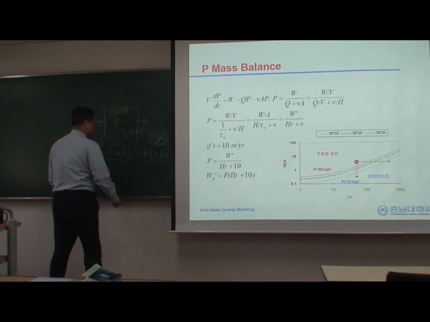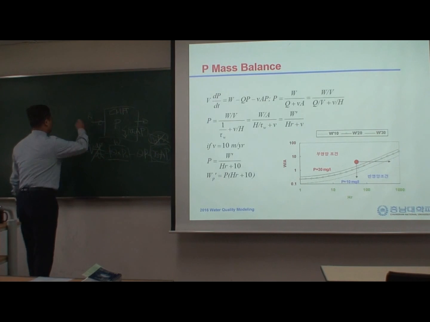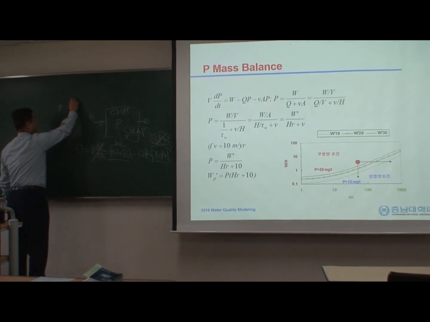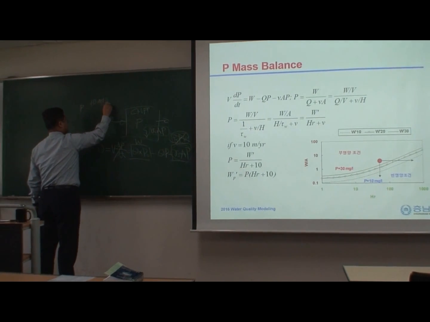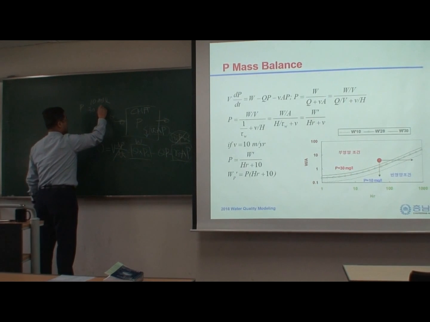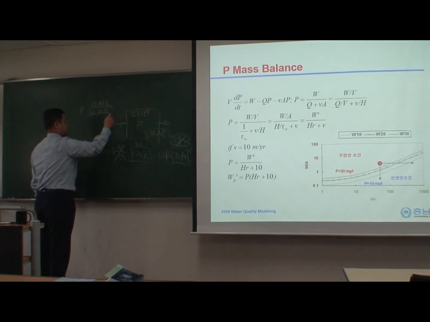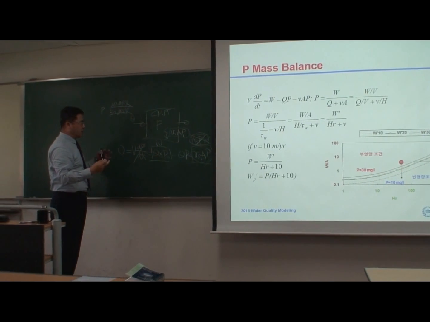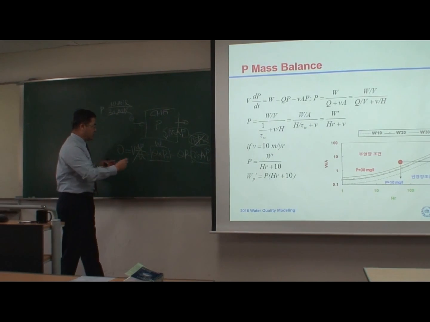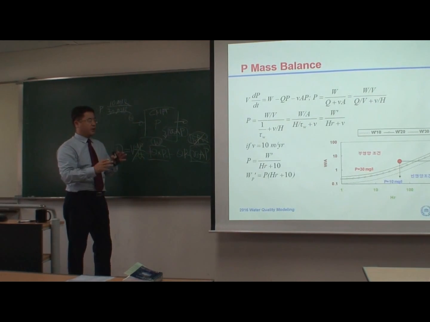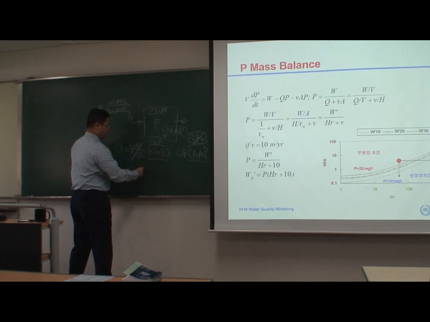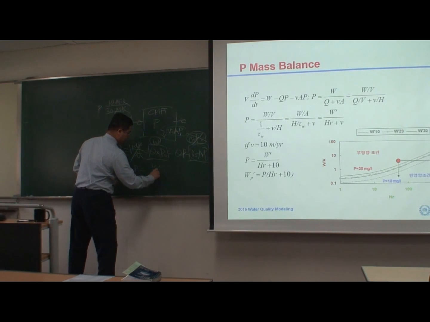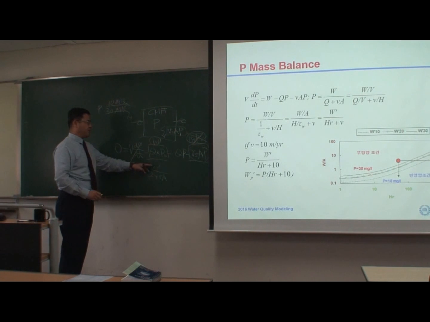And we talked about phosphorus level, which is 10 micro, 30, well now let's say just 2. And I want to know what kind of W will make phosphorus, because P is now a function of W, right?